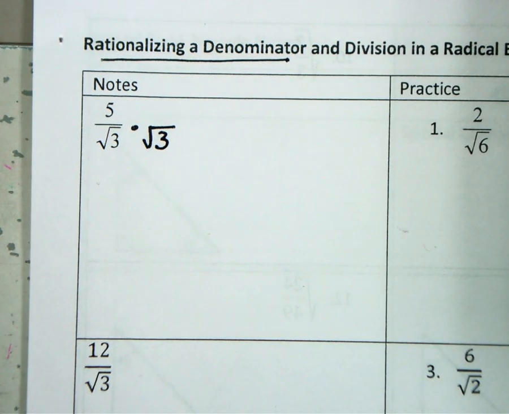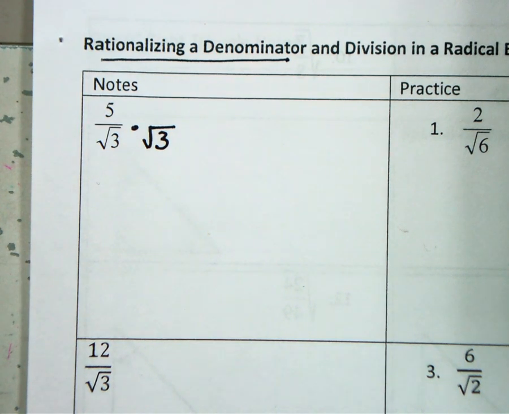Well, how's that going to help? What's radical 3 times radical 3? Radical 9. What's the square root of 9? 3. Hey, that's a whole number. Right? Okay, so that's why we're doing it times itself.